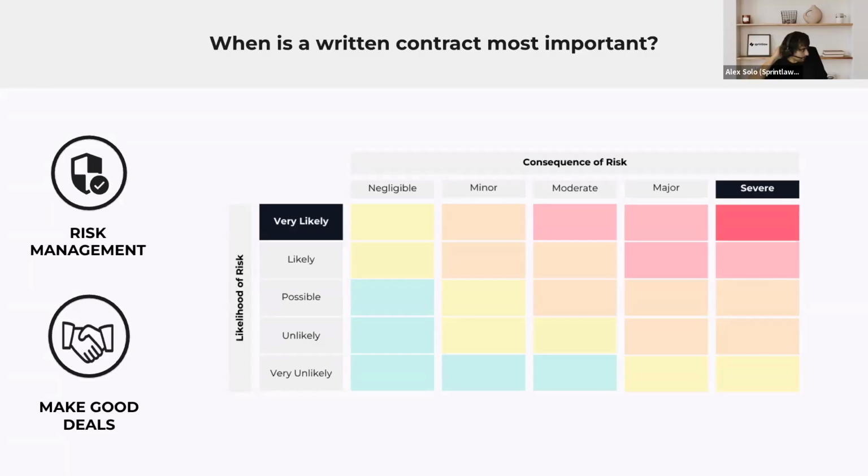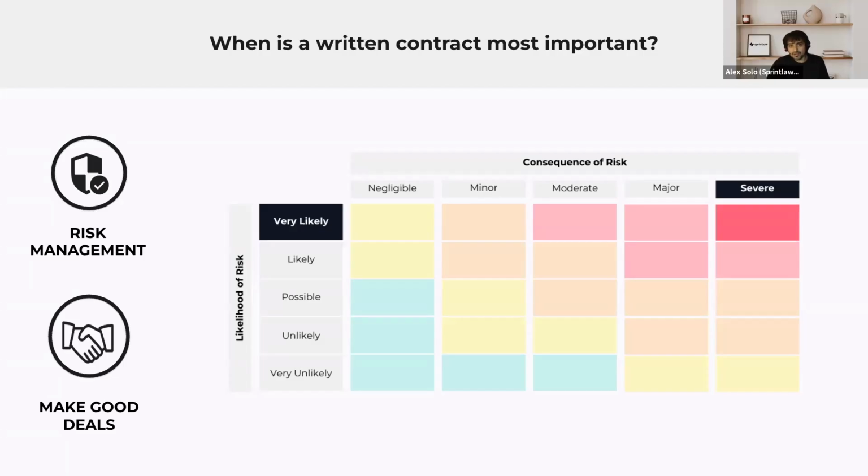So, for example, if you are thinking about your customer agreement, but let's say you're a website designer building websites for a client, your business involves taking on lots of clients and signing them up to make a website. If you don't have a contract, chances are one day with one customer, something's going to go wrong.